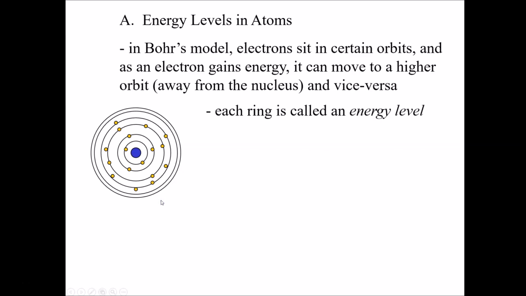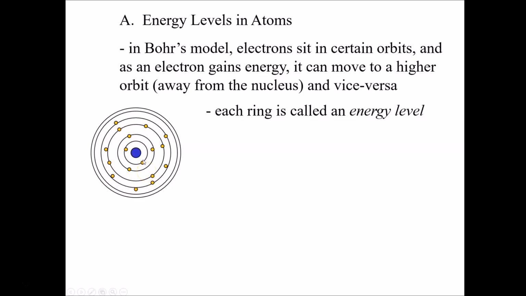And we're going to call each of these orbits, each of these rings, energy levels. And the reason we're going to do that is because the energy levels where the electrons exist are specific places or specific energies that the electrons can have. So these little yellow dots that you see here are the electrons in this atom.